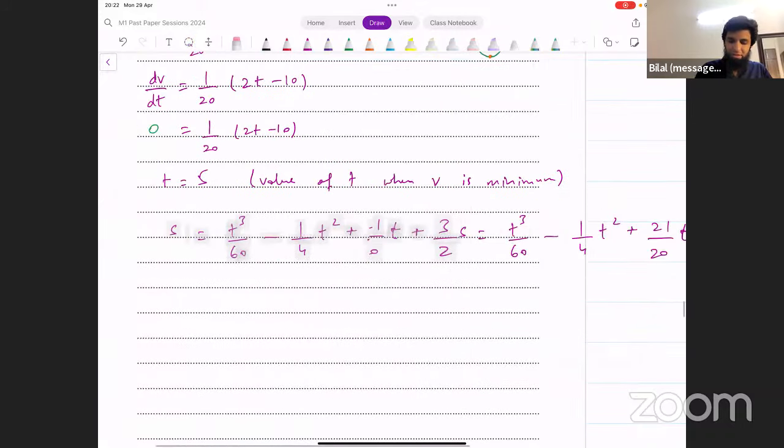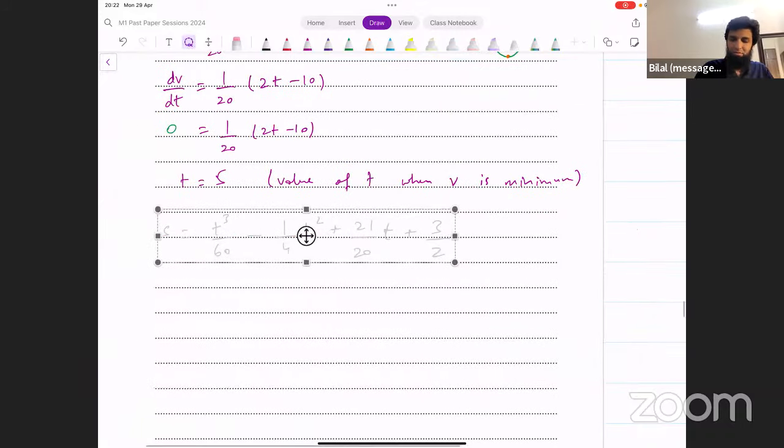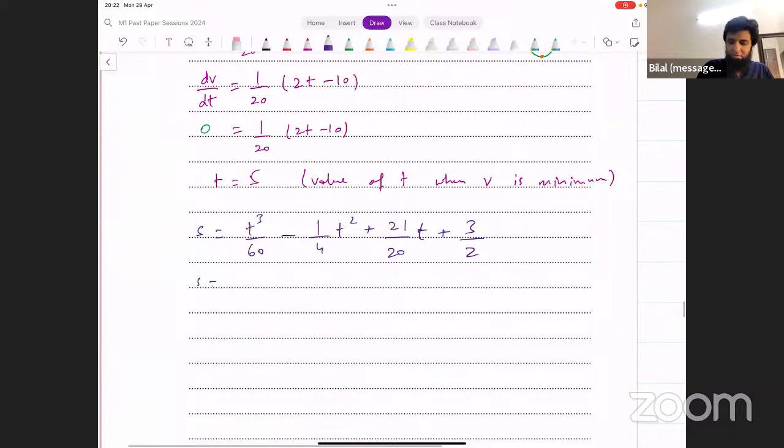So you've got this displacement function. Put that value of t here: 5 cubed over 60 minus 1 over 4 into 5 squared plus 21 over 20 into 5 plus 3 over 2.